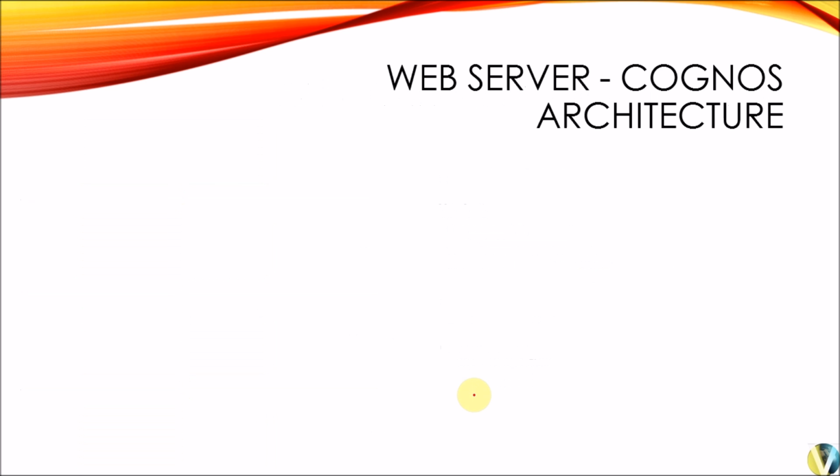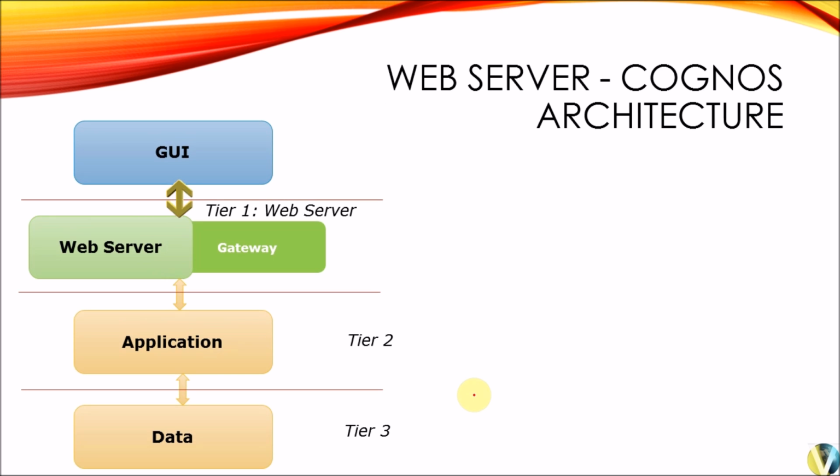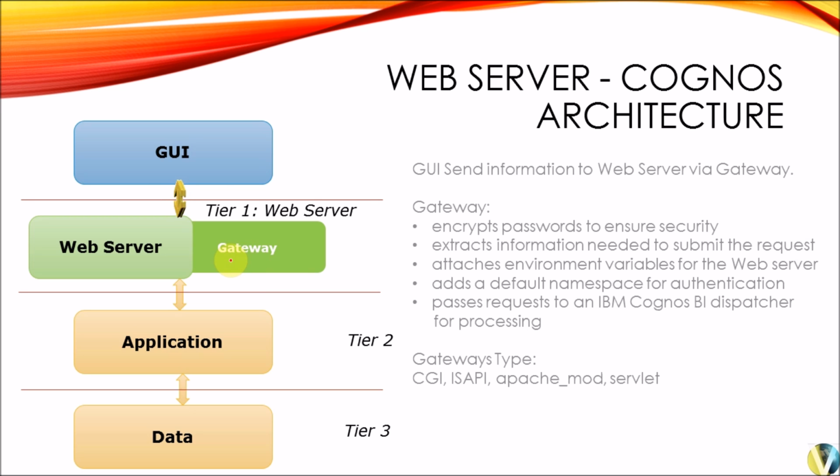Next we are going to discuss the web server. So what is the role of the web server in Cognos architecture? When your end user accesses any Cognos user interface, all the user-related information, action or requirement is sent to the application tier using the web server, and all this is done by a gateway.